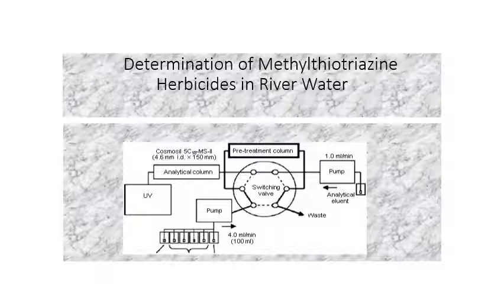In this study, a uniformly sized MIP selectively modified with a hydrophilic external layer, called the restricted access media molecularly imprinted polymer, the RAM MIP, was prepared for use as a pre-treatment SPE in the simultaneous determination of methylthiotriazine herbicides in river water.